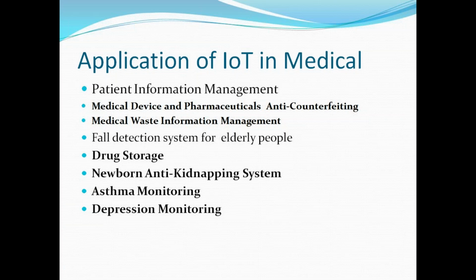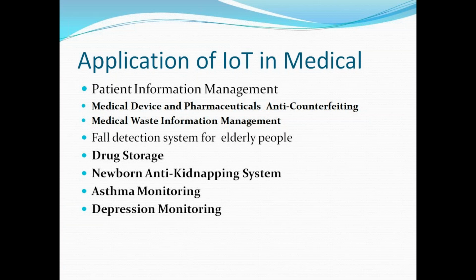An RFID tag is very cheap right now; we even get it for just 2 rupees. As the cost is reduced to 2 rupees, we can use an RFID tag along with the medicine, so that if we want to find out whether that particular medicine is genuine or a counterfeit, it can be identified.